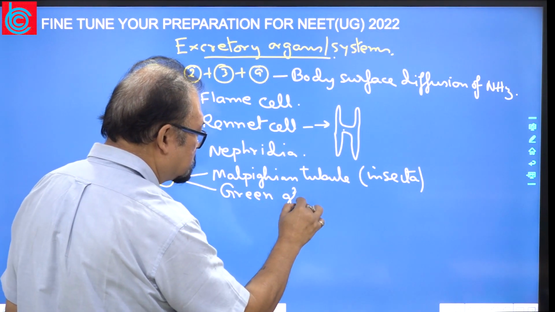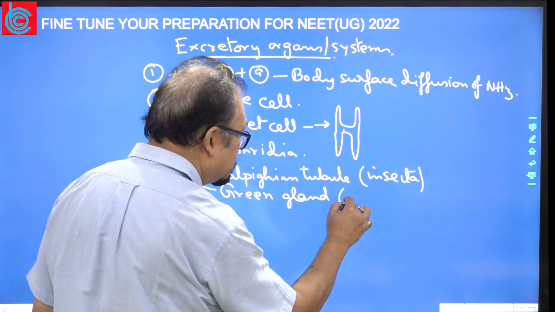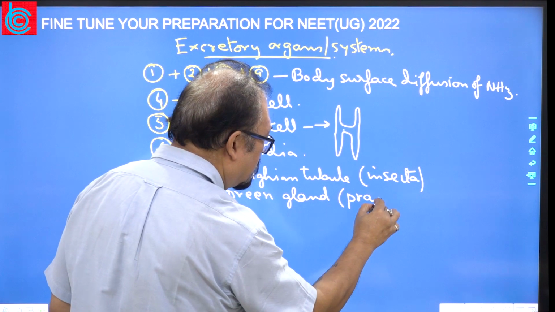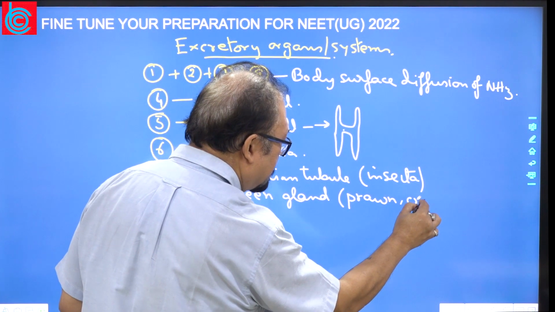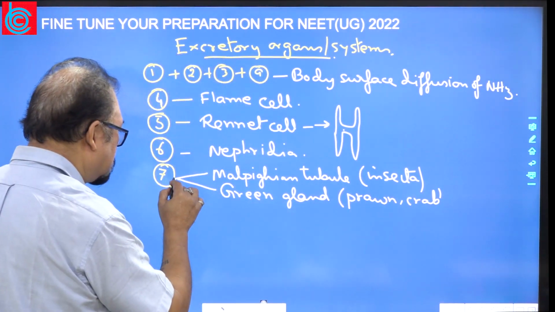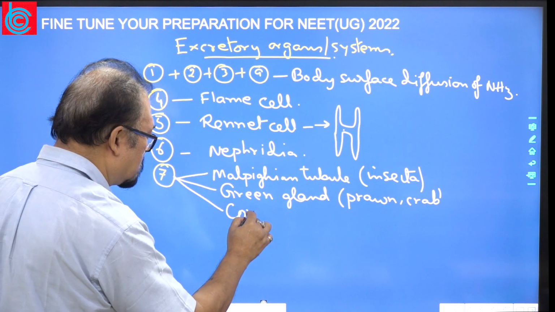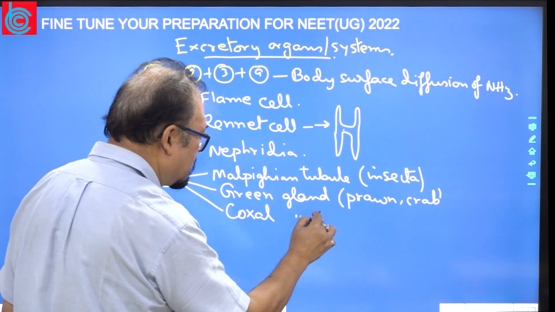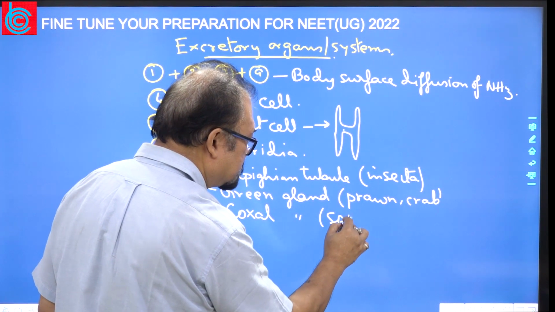Green gland, it is present in prawn, crab. These are the examples. The examples are very important. Coxal gland, that is present in spider.